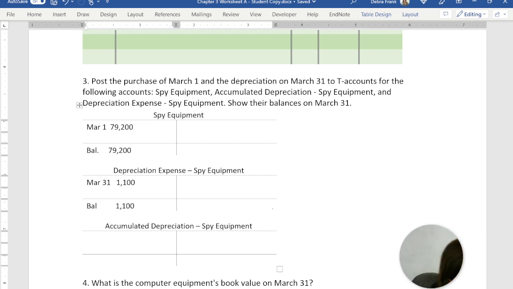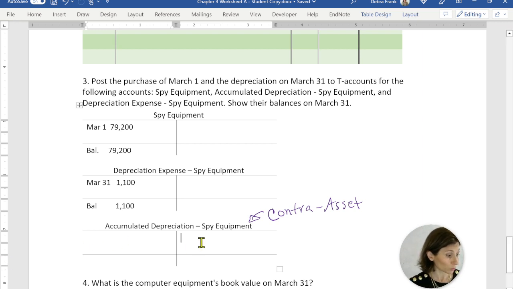Think of opposite, contrasting. An asset's normal balance is a debit, while a contra asset's normal balance will be a credit. That actually helps us because we do need a credit.